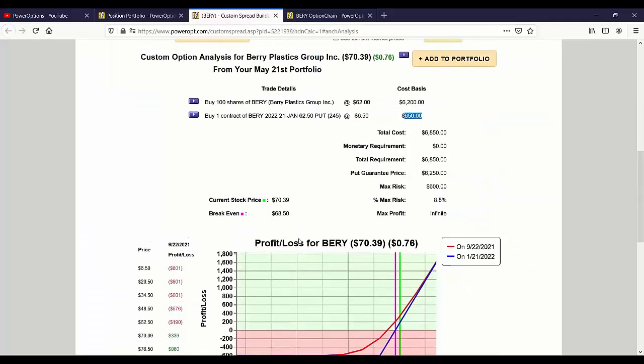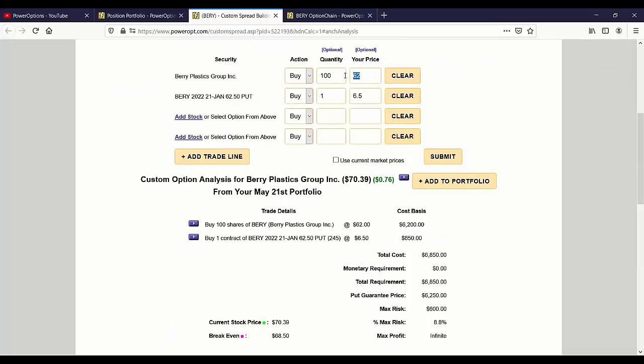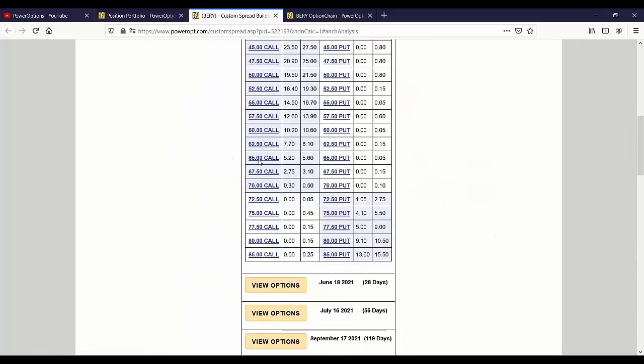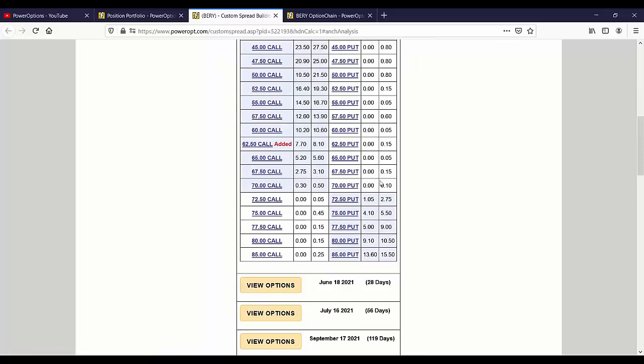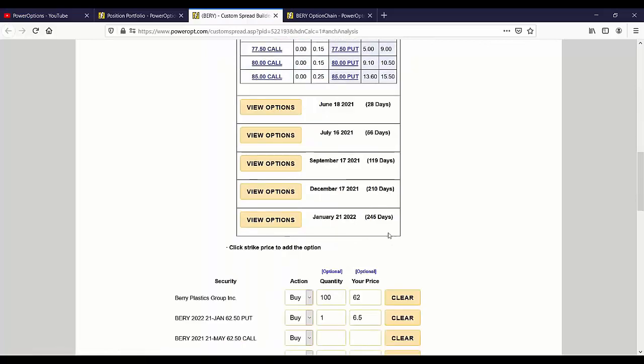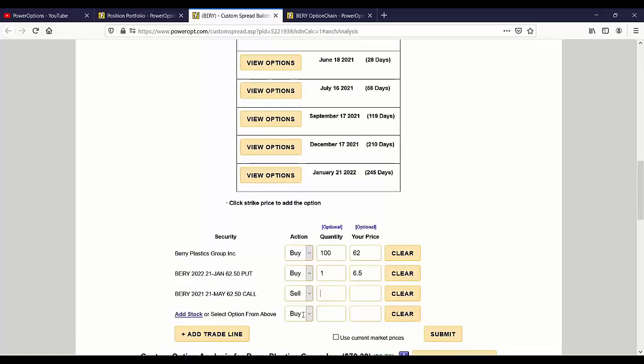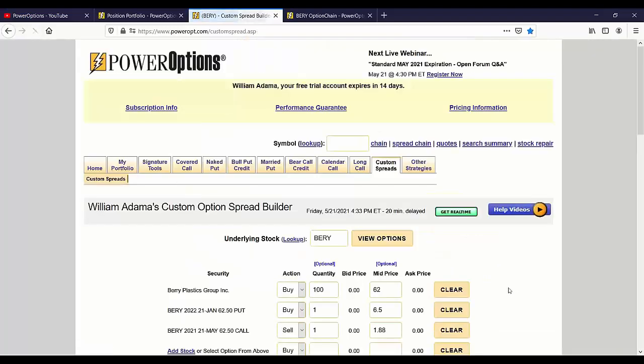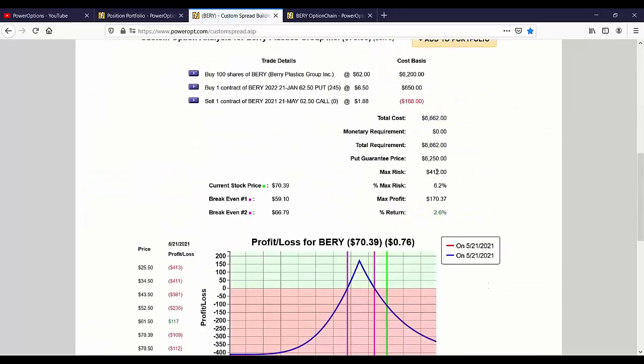All right, well, here's our position. At the money put, 62.50, bought on April 28th. Yes, we know where the price is now. But anyway, if we had sold the 62.50 call, of course, for $1.88, we take the risk down to 6.2%.